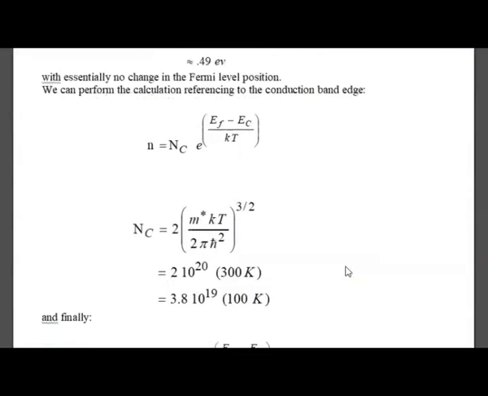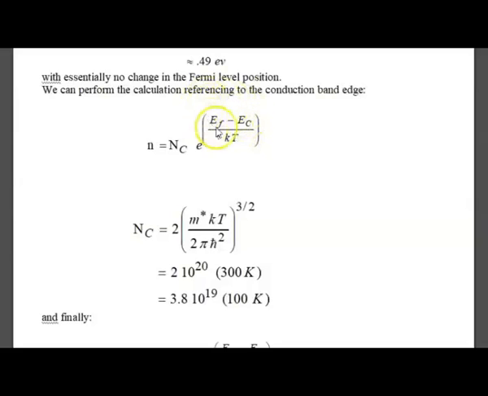Okay, now we can perform the same calculation with reference to the conduction band edge. We have the number of electrons in the conduction band equal to the density of states at the conduction band edge, N sub C, times the exponential involving E sub C minus E sub F. E sub F is below E sub C. Again, I'm repeating this, but hopefully it'll sink in, at least to me, if I keep repeating it enough.